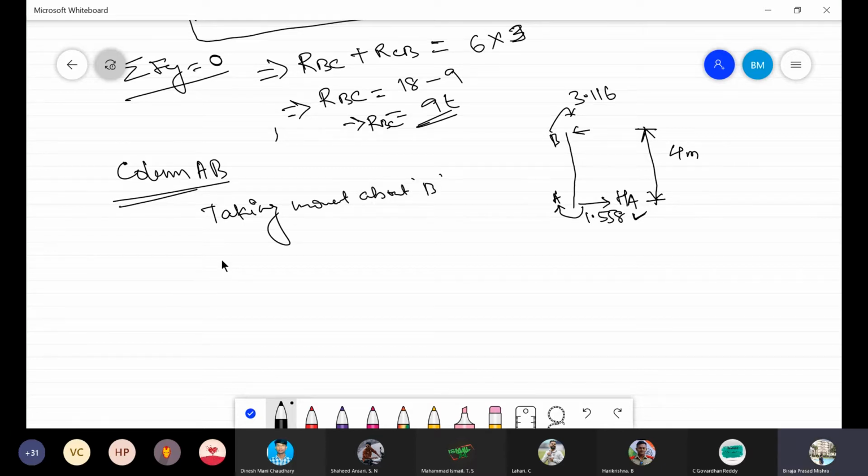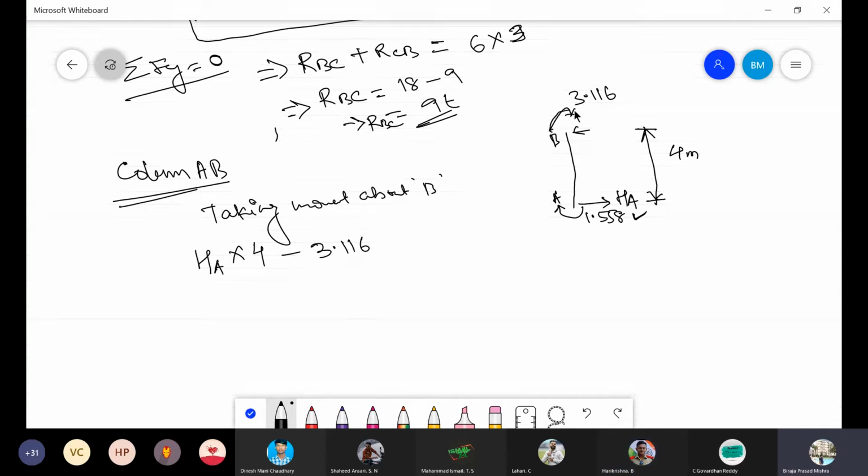Taking moment about B, we have H into 4, then minus 3.116. What about this one? Is it making a clockwise or anti-clockwise moment?